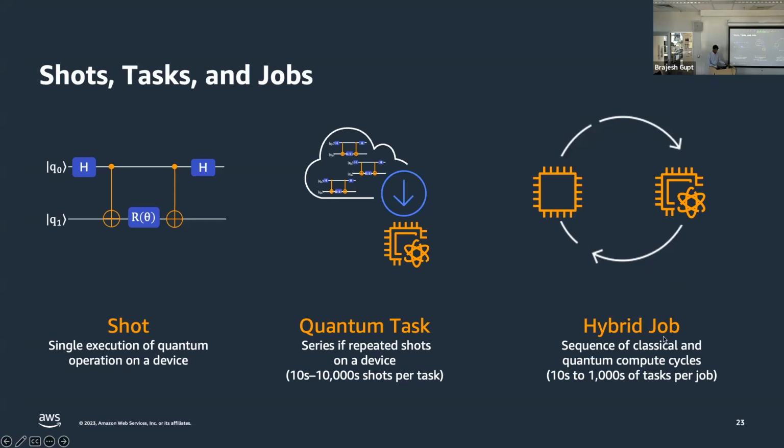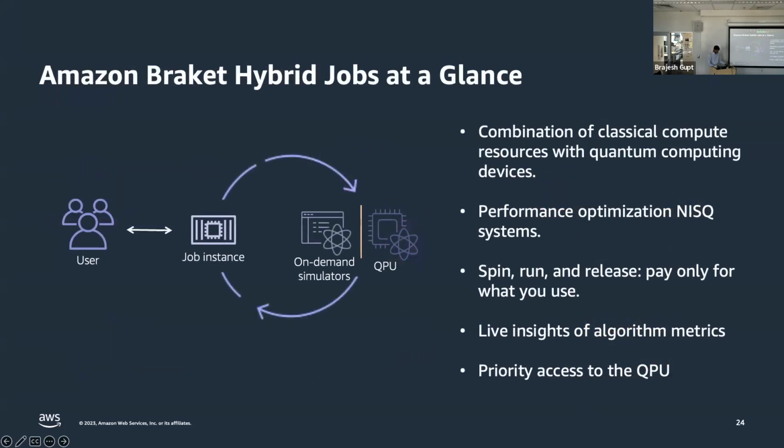What a hybrid job does is give you priority access to quantum hardware, so that until the whole job is completed, there is no interruption in between. Hybrid jobs basically facilitate that. At a glance, as a user, you have access to a job instance.